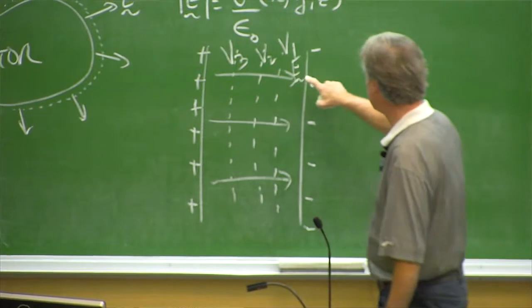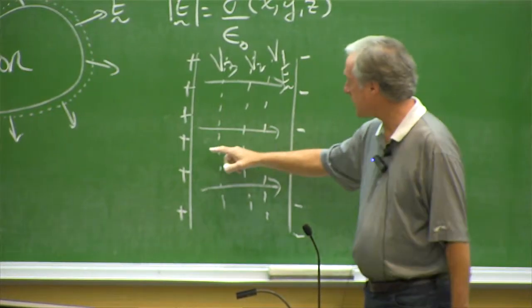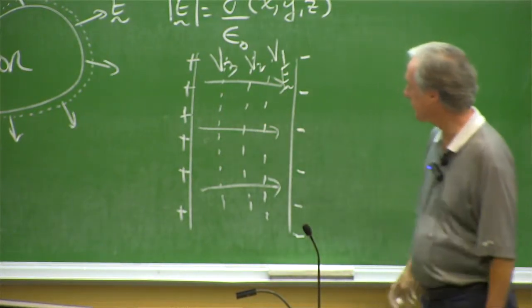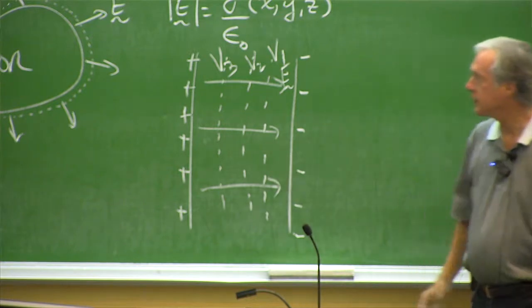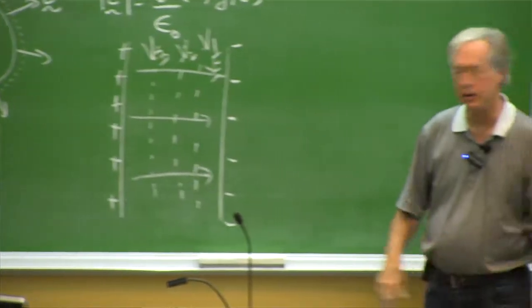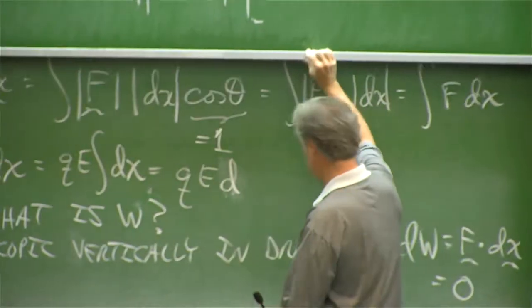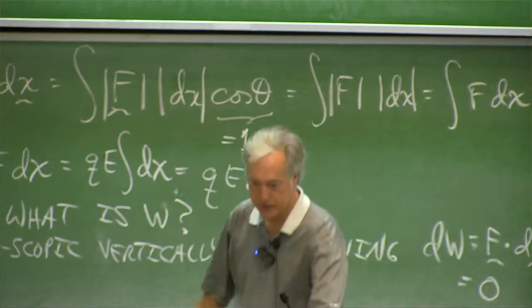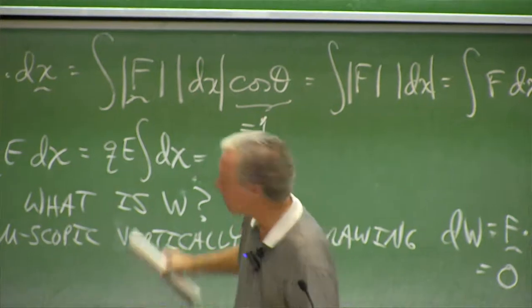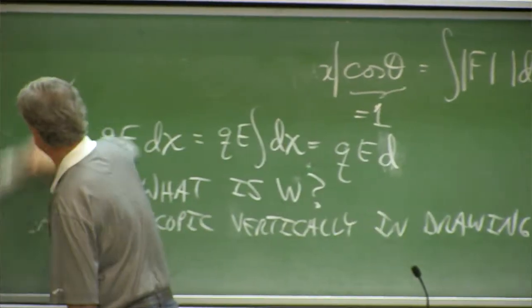Okay, so we have to really keep track of the plus and minus signs of things. Now I want to complicate this second drawing a little more. Let's draw it with a little more room to consider.